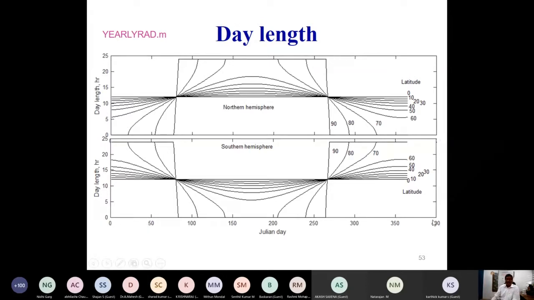I am showing the entire year, from 1 to 365, that is January to December, and how the day length changes, in the northern and southern hemispheres. Let me look at the northern hemisphere, because we are in the northern hemisphere, and latitude changes from 0 to 90 degrees. The 90 degrees is the poles, and the equator to the poles.